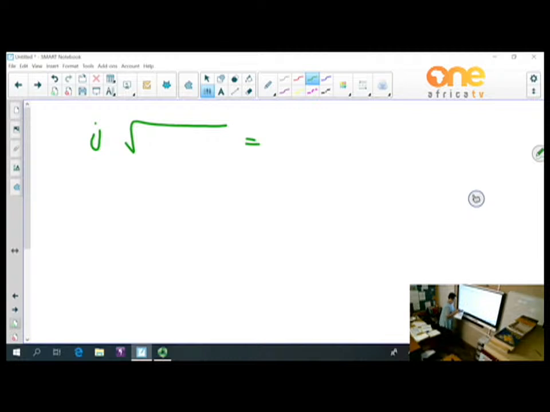Okay, I didn't put brackets in, so I'll have to redo it now. 8.5 squared plus 6.5 squared close is equal to, you need to use those brackets, 10.7.